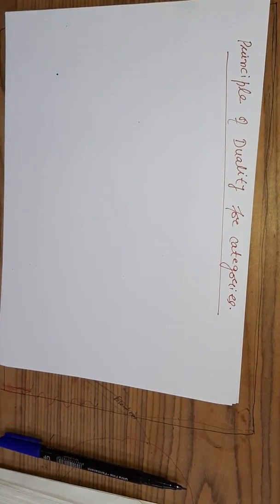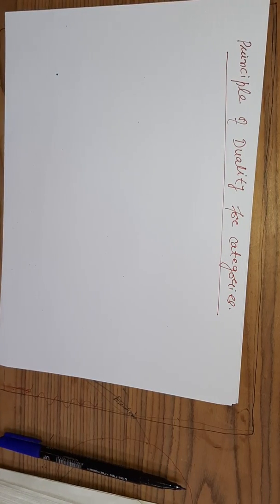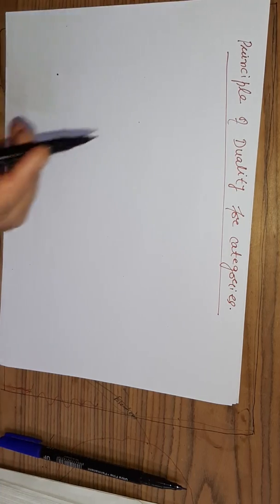It states that whenever a property P holds for all categories, then the dual property P opposite holds for all categories.